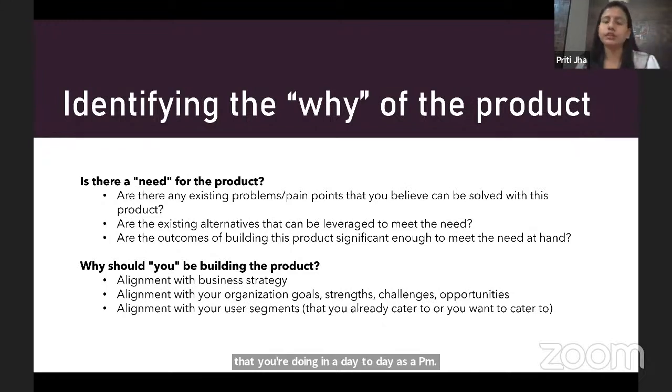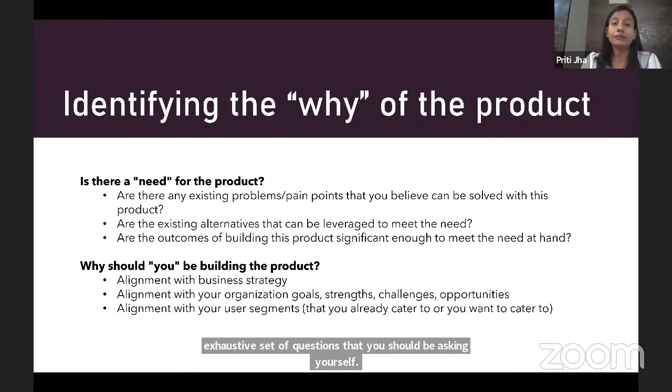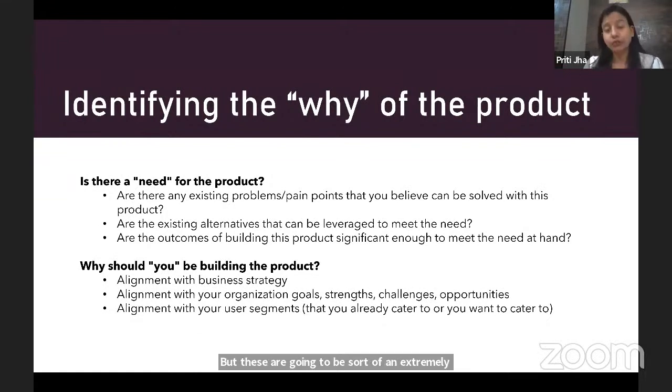You should be asking yourself certain key guiding questions which will help you understand whether you should be going down this path. These may not be an exhaustive set of questions, but they are extremely helpful guiding questions which can help you answer to yourself and to your stakeholders whether you should be going ahead with this path.